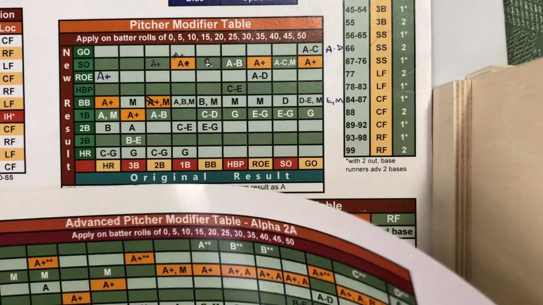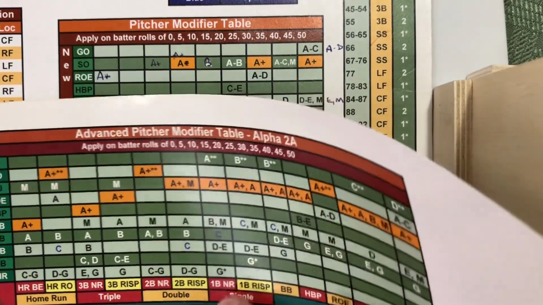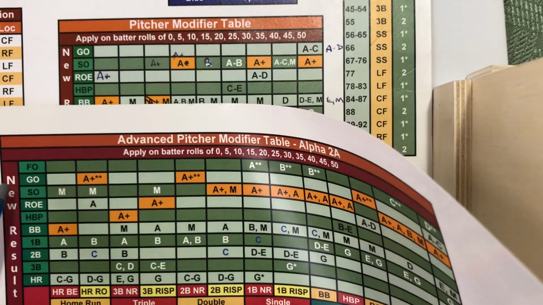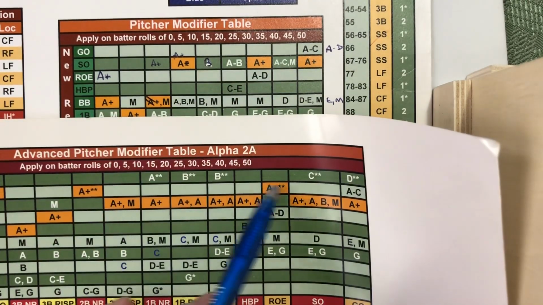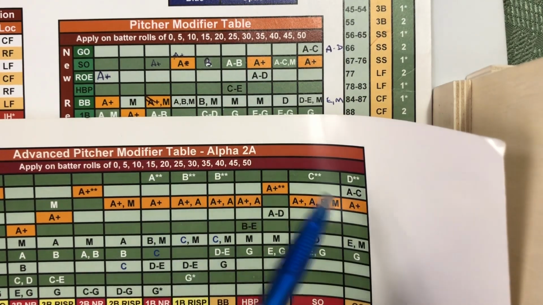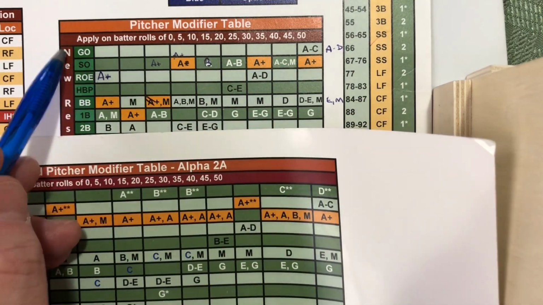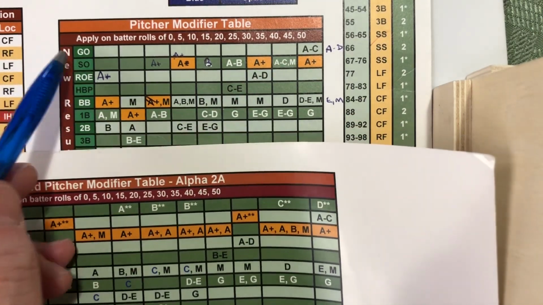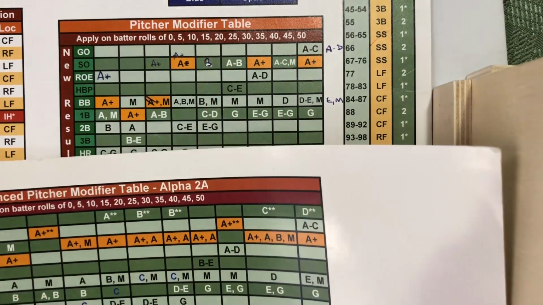The second thing that the Advanced Pitcher Modifier Table does is it adds the flyout possibility as a new result. And that kicks in for A and B pitchers on hits, for singles, for walks, for strikeouts, and for groundouts. There is no flyout row for new results on the original Pitcher Modifier Table.